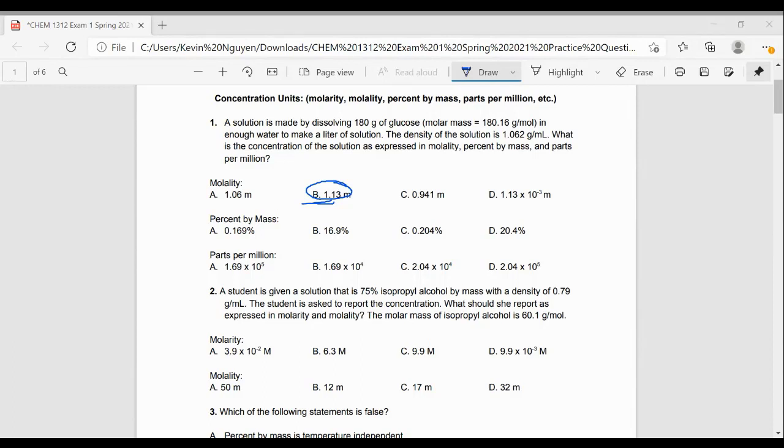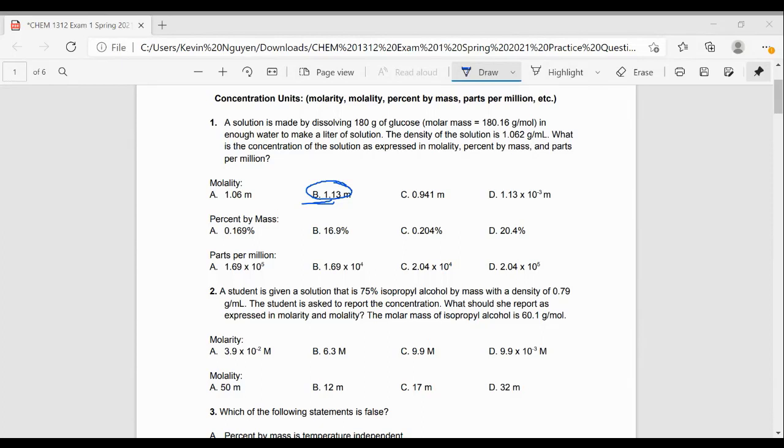The mass of our solute was given: 180 grams of glucose. They told us we had 1 liter of solution total, and they also gave us density, which is important to convert from mass to volume.